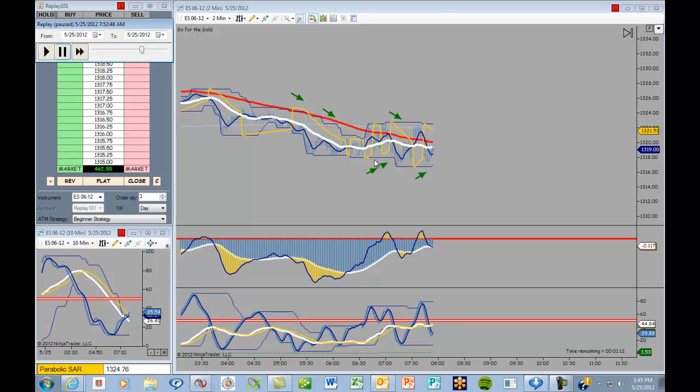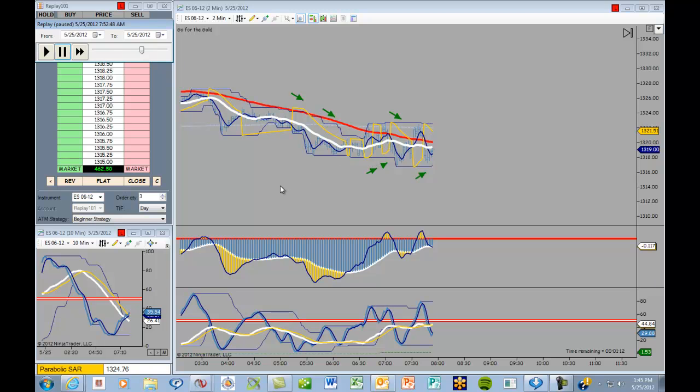Now, if this previous down move was 5, then there's the possibility that this could be wave 1, this pullback is wave 2, and now we're going to take off to wave 3, and our stochastic over here on the 10-minute chart is still heading up, the faster one. We've got a little bit of a curvature here.